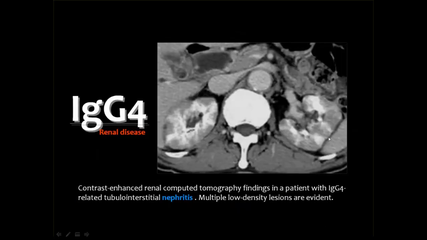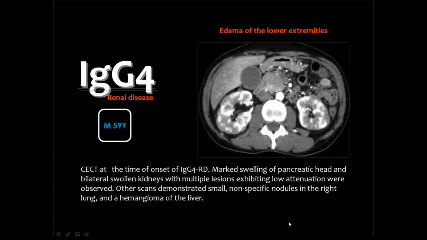And this is another example, and you see multiple patchy areas in the kidney, and the lesions are slightly non-enhancing compared to the enhancing normal renal parenchyma. Another example, and you see here the patchy areas of the kidney.